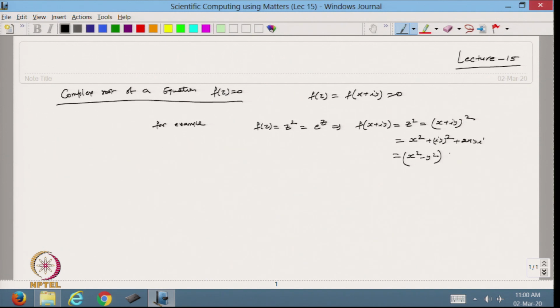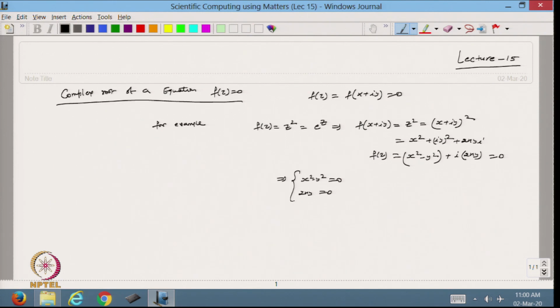This is the real part, and then I can write i times 2xy. That is my f(z) in this case, and this is equal to 0. Now suppose I take the real and imaginary parts. From here I will get x square minus y square equal to 0 and 2xy equal to 0.